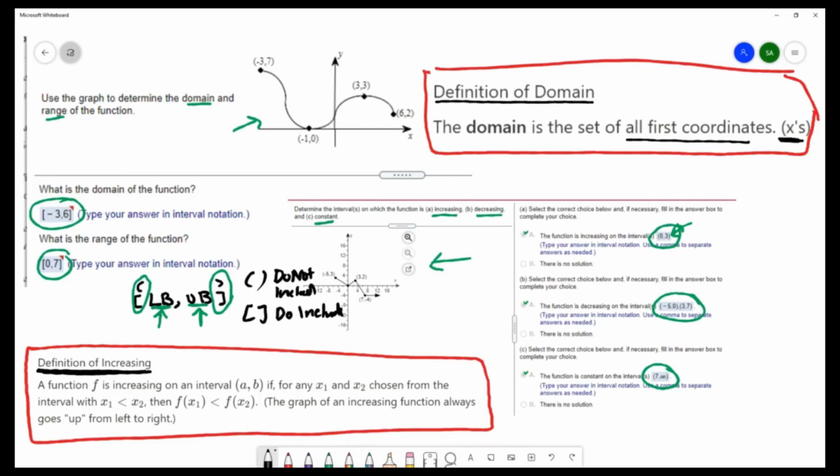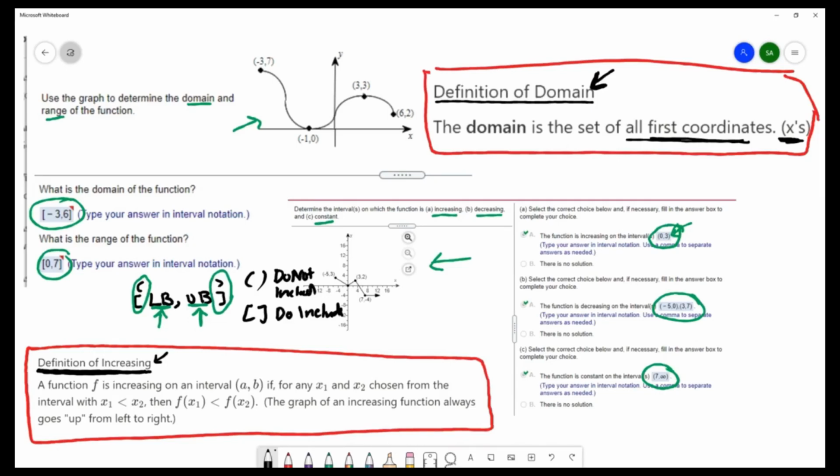Domain is pretty solid across all sources of being first coordinates and the x's, but the definition of increasing, very slightly different wordings, different technical things can change the way that we answer this question. Not hugely, but slightly.